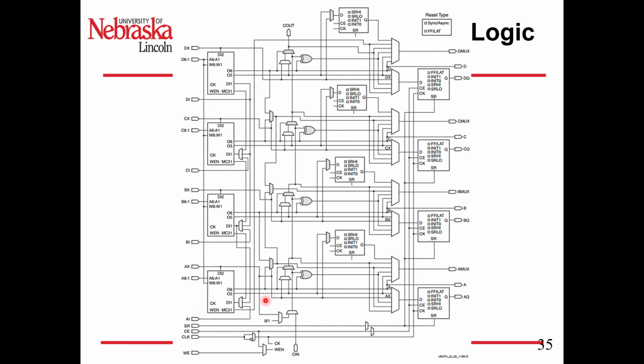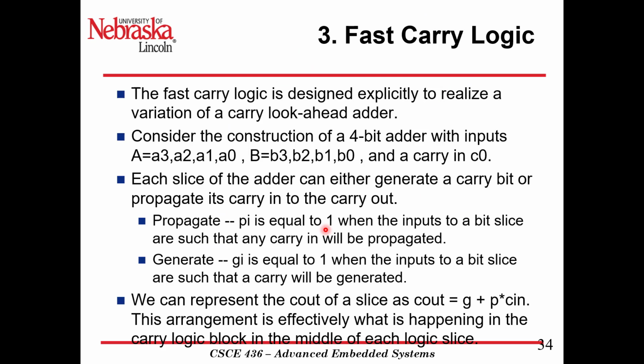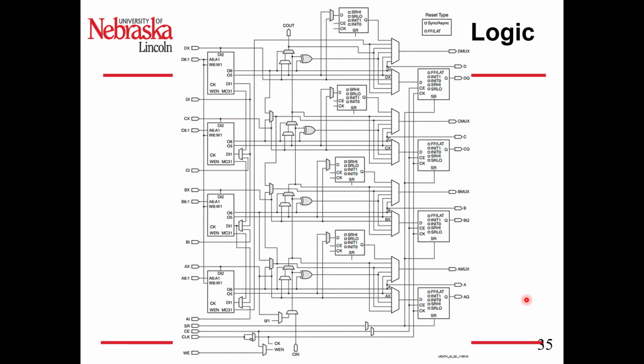So if you have a 1 coming in on A and a 1 coming in on B, it will generate an output carry. But if I have a 0 here and then a carry in, it's going to propagate that carry through. So carry out is essentially generate or propagate and carry in. And that's the basic function of generate and propagate for those carries.